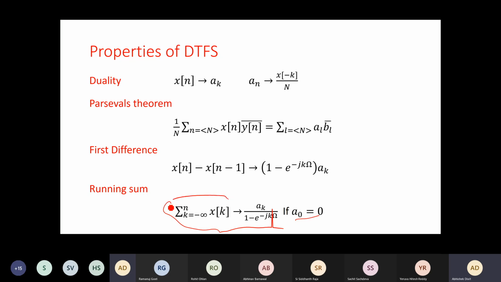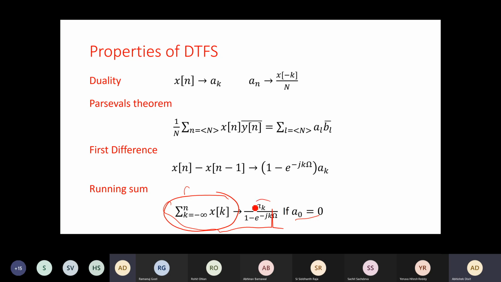Otherwise, this signal will not be periodic, because we are talking about periodic signals. If the mean of x[n] is not 0, then if you integrate that signal, it will not remain a periodic signal. So by definition, x[n] should have 0 mean if this signal has to be periodic.